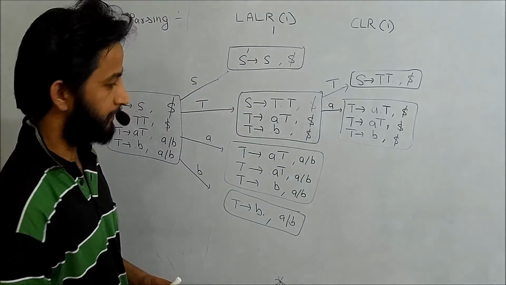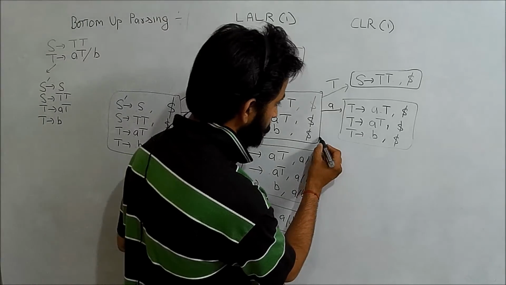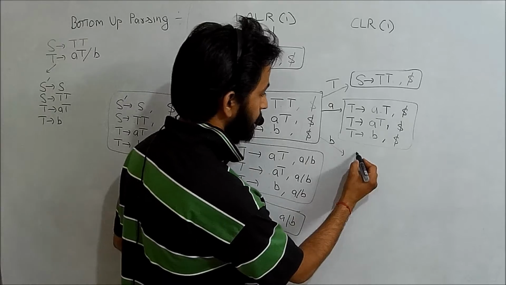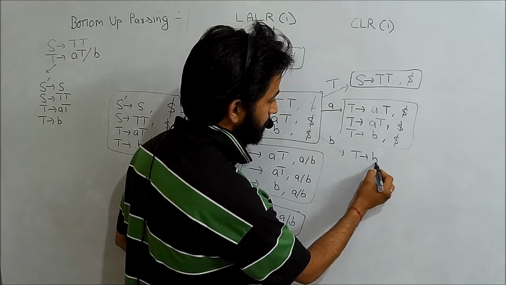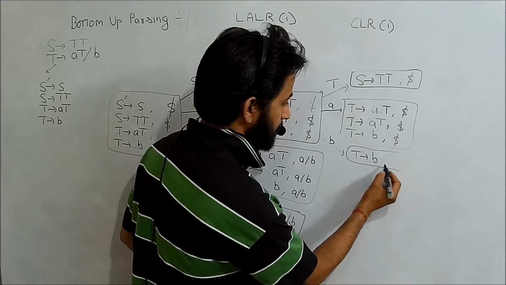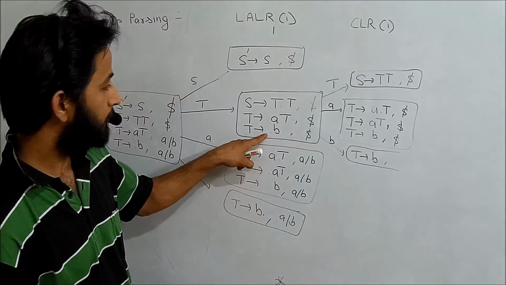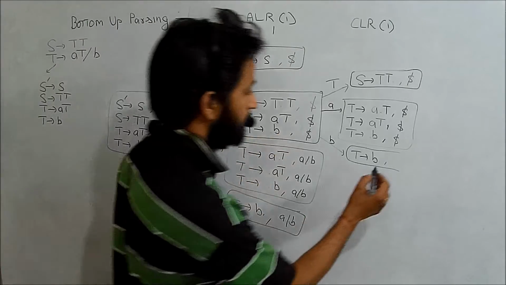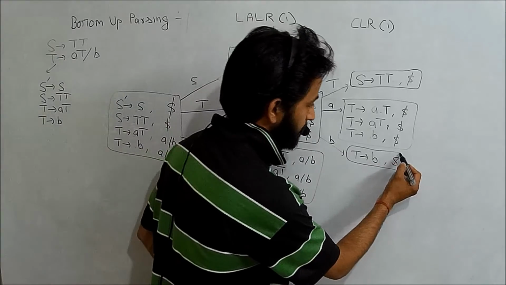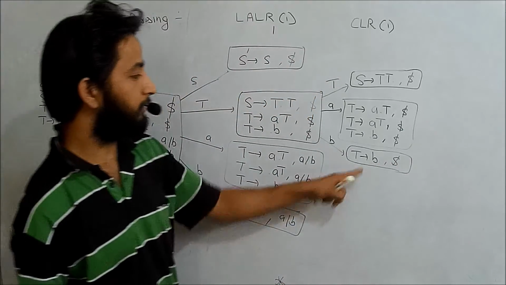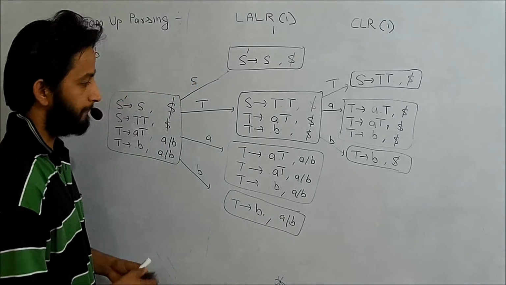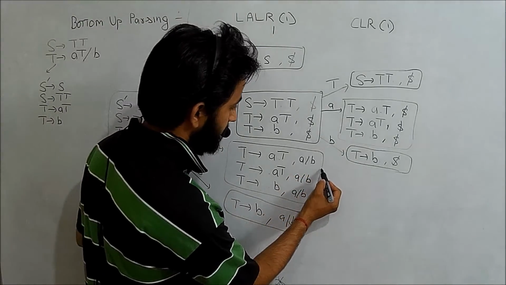Okay, next is B. So for B, when I move the dot, it will become this, and the look ahead for this will be dollar, no change. So this and this production are also same, only the difference is in the look ahead.